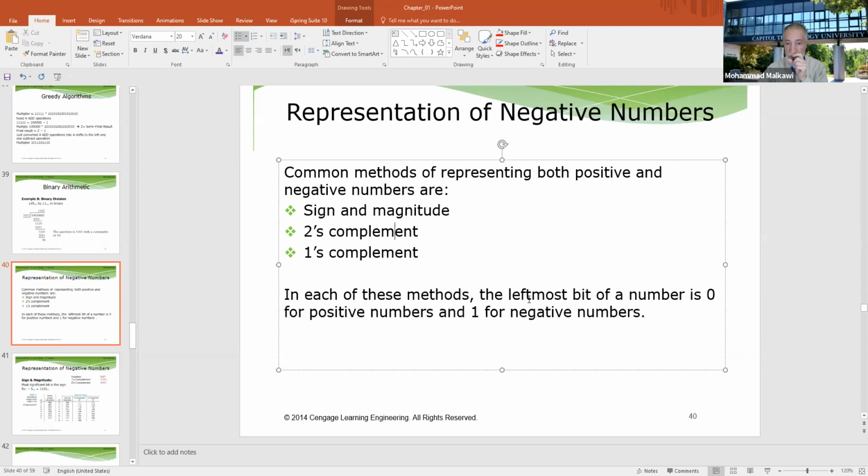And in each of these, the leftmost bit of a number is 0 for a positive number and 1 for negative, all of them. So if my number is, let's say, minus 7, so this is going to be 1. If I have my 4 bits for my integer, for my number, so this is 0, 1, 1, 1.